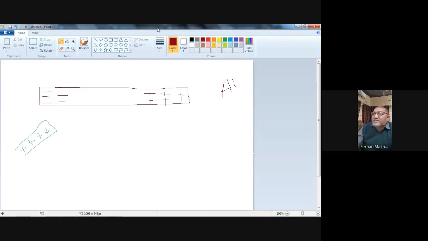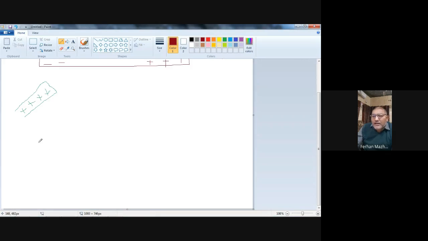Another example you can consider. For example, if I have an aluminum rod which is totally neutral, and it has the same number of positives and negatives everywhere, it's neutral.